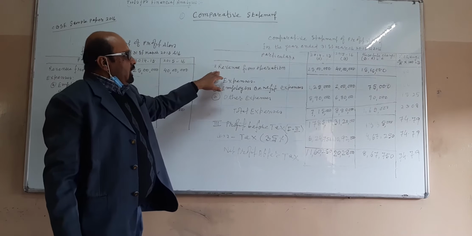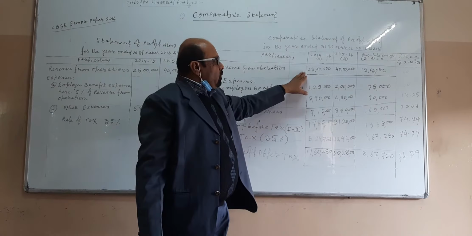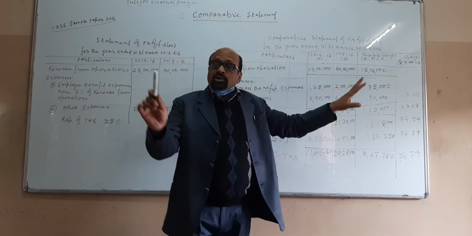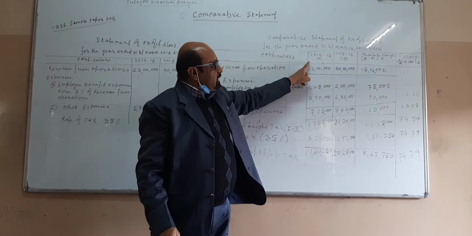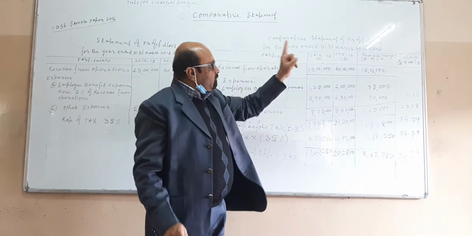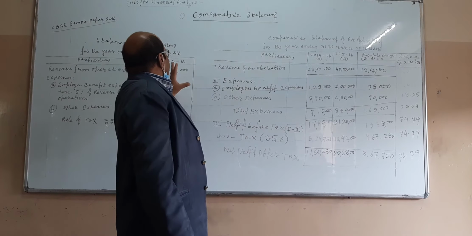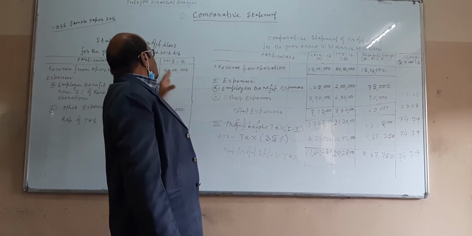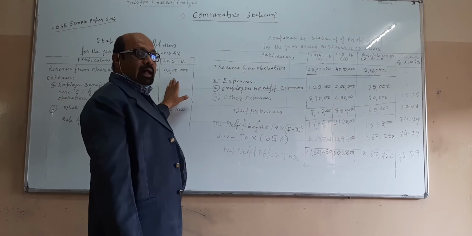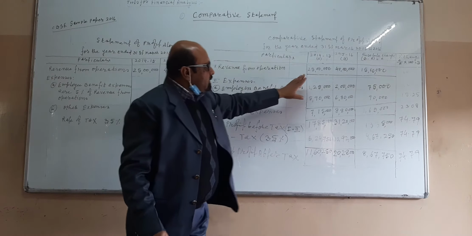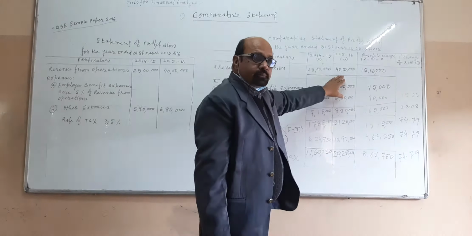We will first write revenue from operation and put the first year amount, then the second year amount. Dear students, one thing I want to make clear, keep in mind that you should always write the first year amount first. Even if in the question the current year amount is given first and the previous year amount after that, you write here the first year amount, then the second year amount.